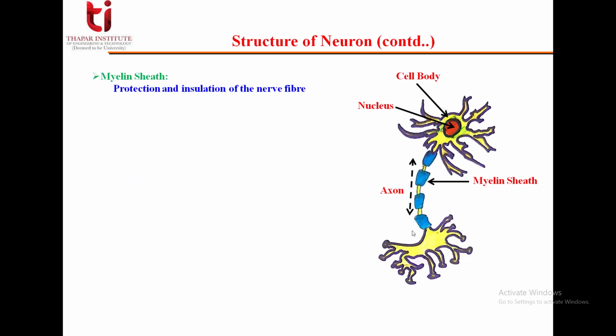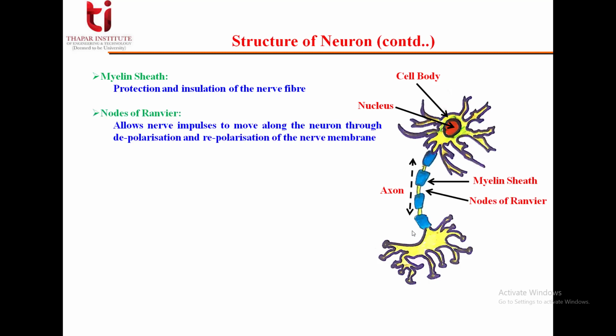Next, we have the myelin sheath. It protects and insulates the nerve fiber. Then we have the nodes of Ranvier. They allow nerve impulses to move along the neuron through depolarization and repolarization of the nerve membrane.